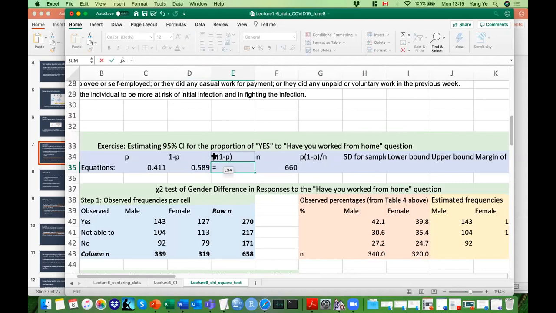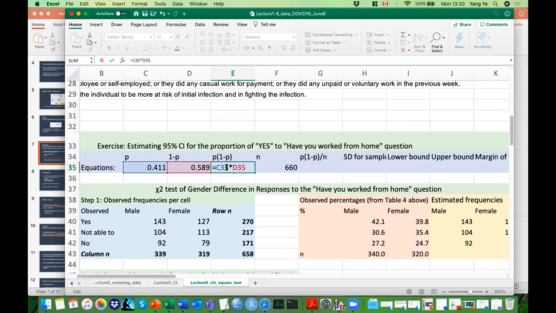And then we need p times 1 minus p. That would be C35 times D35. So the neat thing about this Excel equation is that when you click within the cell that contains the equation, it uses color to indicate the components that are used, the cells that are used, the data that are used to calculate this value.